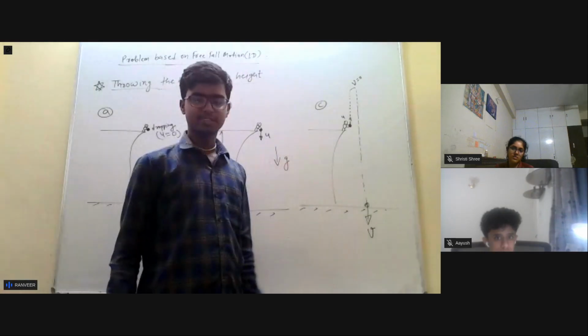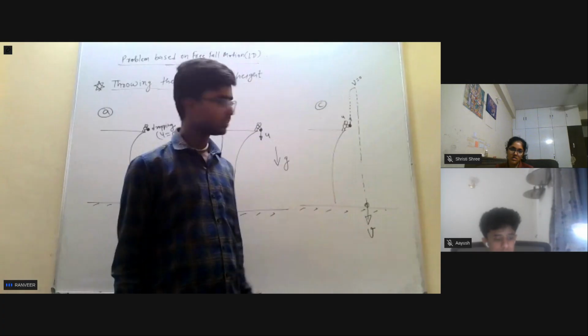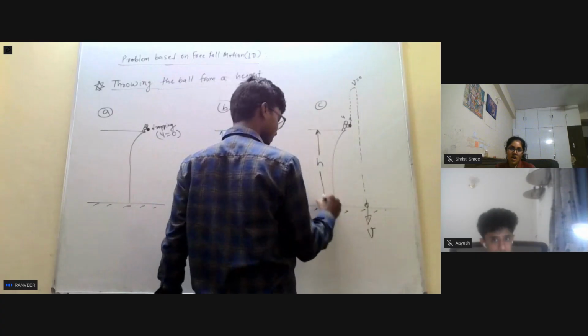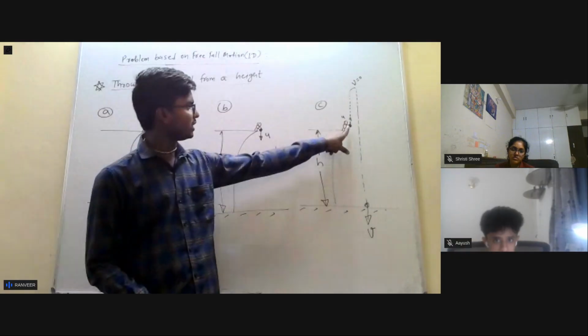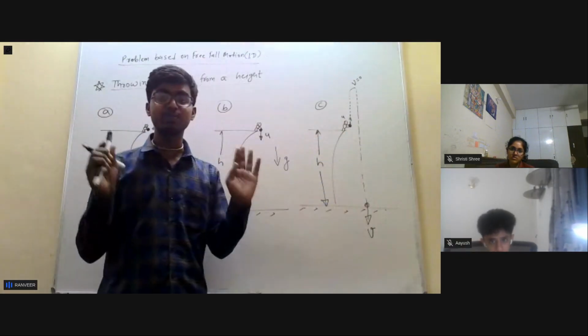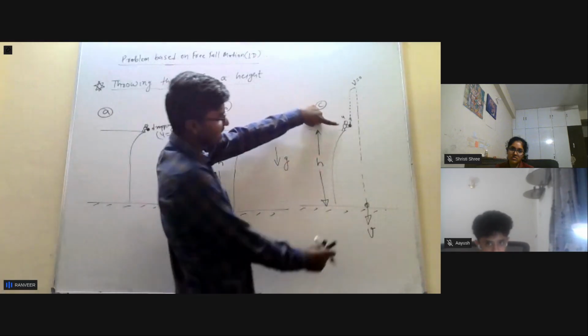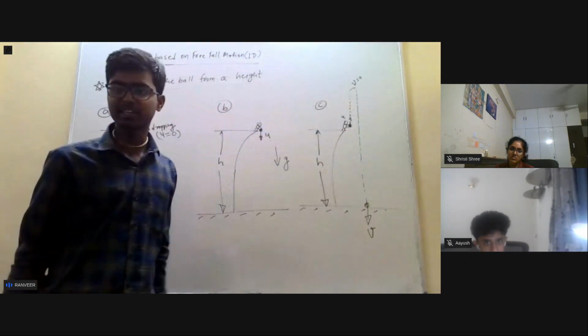In this case, u is given. What is the height here? What is the displacement? When you are throwing the ball from here, it is reaching the ground. So the displacement is from the initial ball position to the final ball position. Correct?